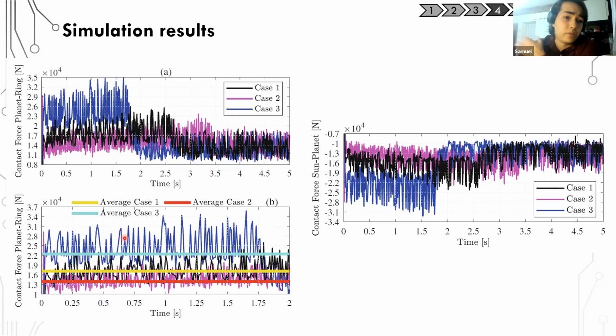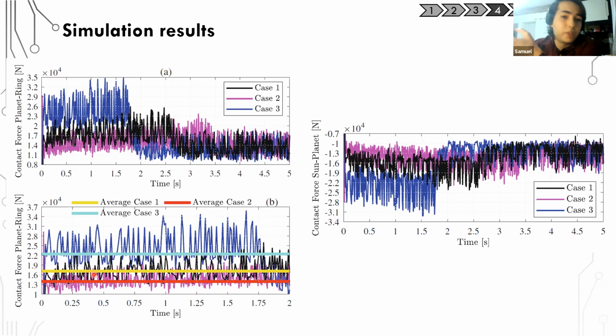For the second case, on the other hand, there is a smoother variation in the applied forces. In this case, there is a reduction of approximately 18.5% of the contact forces, the meshing forces, with respect to the baseline configuration.